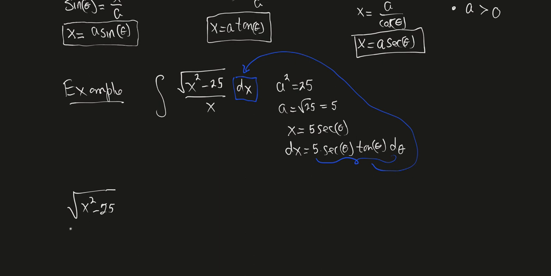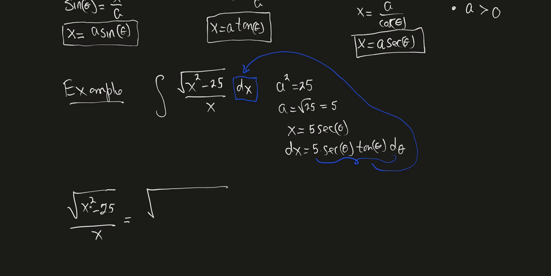Well, the nice thing is this process tells us what x is. Wherever there is an x in this integrand, we're going to replace it with 5 secant theta. Then we're going to work and convert it to make it as simple as possible, because that's what we're going to have to end up integrating. So let's start with the square root.